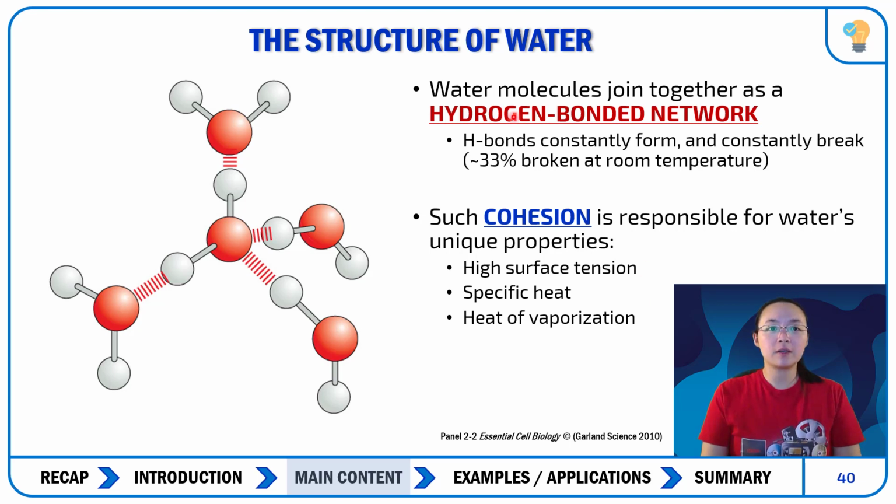Here, with several water molecules, it's expected that the electropositive regions are going to be attracted to neighboring electronegative regions. So you have the white hydrogens, which are supposed to be positive, being attracted to the negative O's, or oxygens.